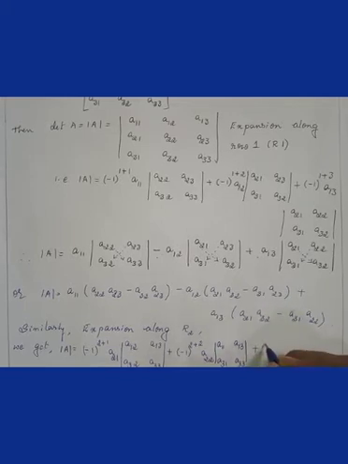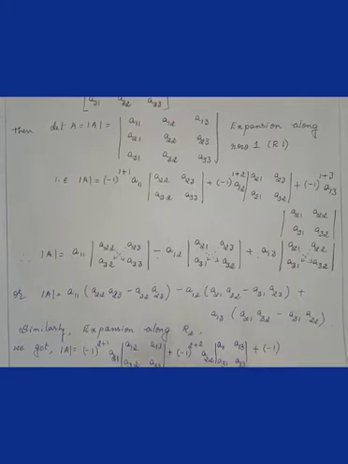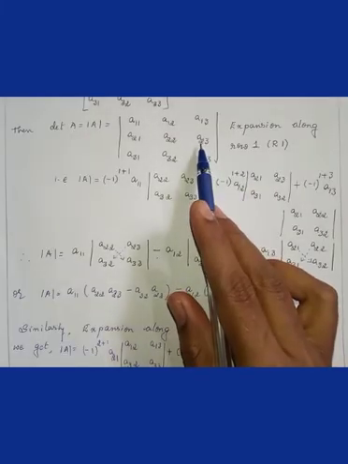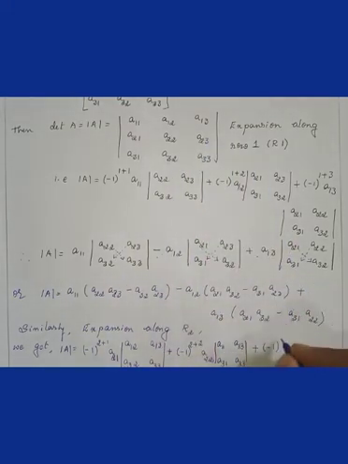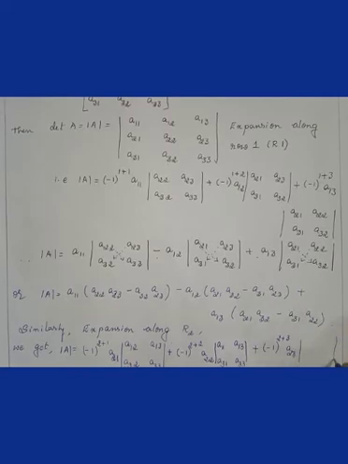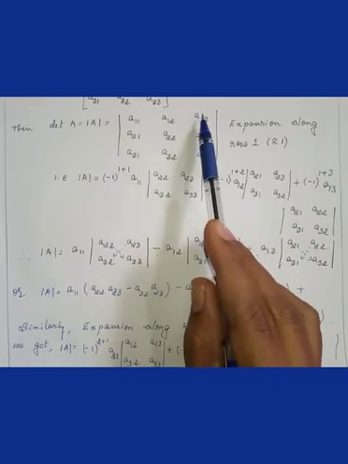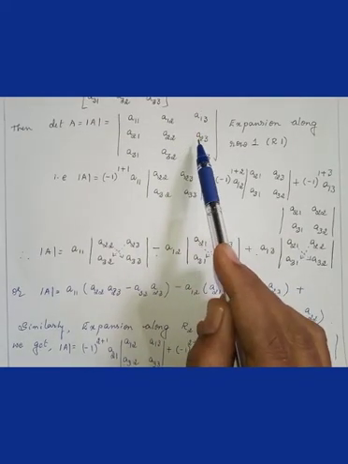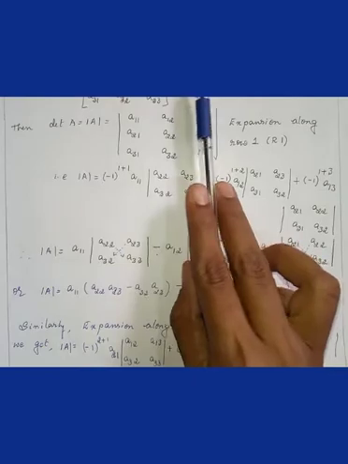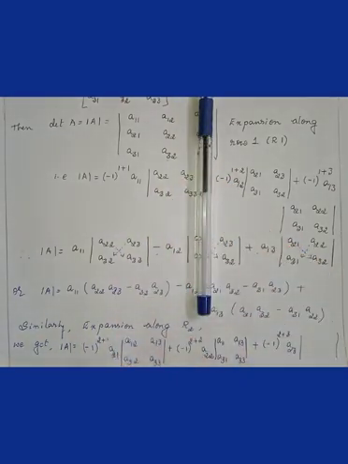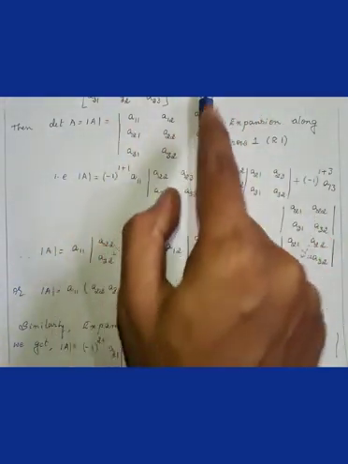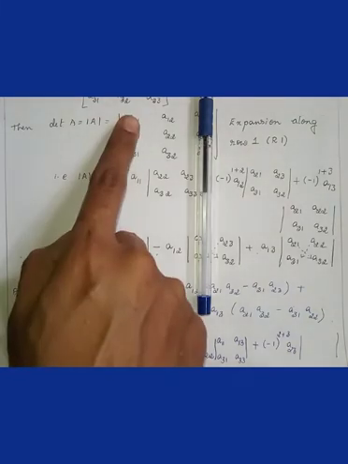Plus minus 1 to the power, the entry is A23, 2 plus 3, into A23, determinant of, delete the second row, third column in which the entry A23 lies. If you delete the second row and third column, what are the entries?